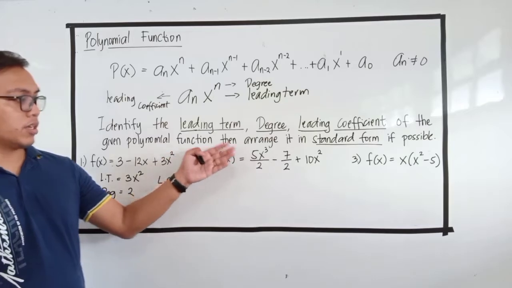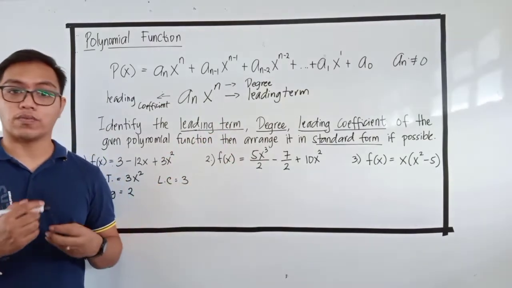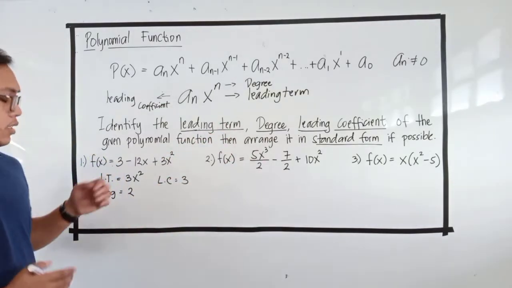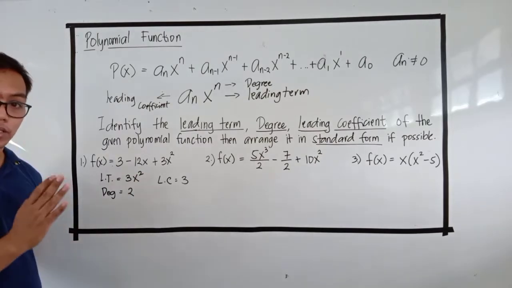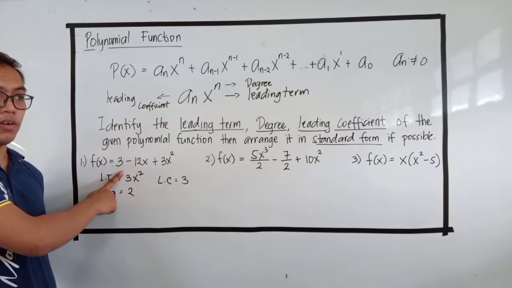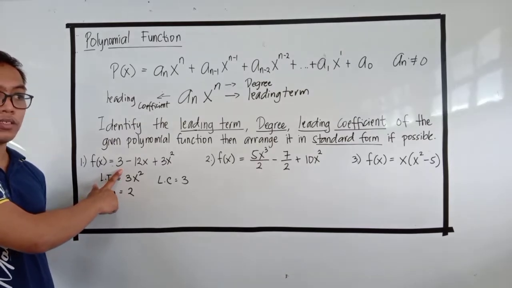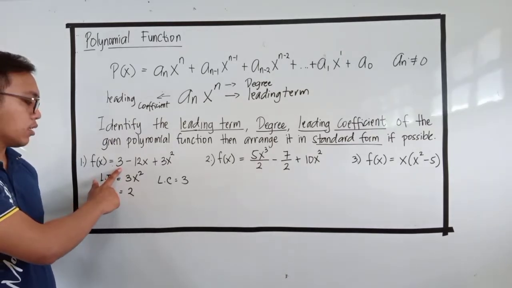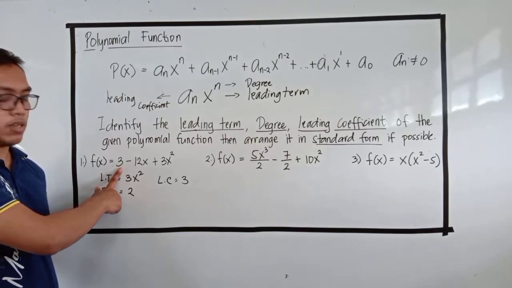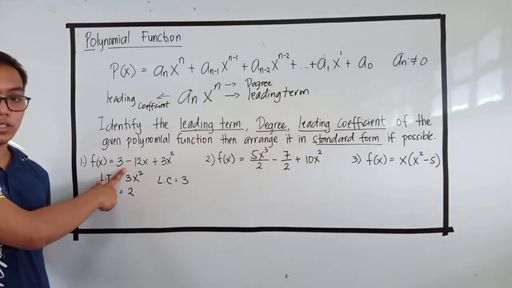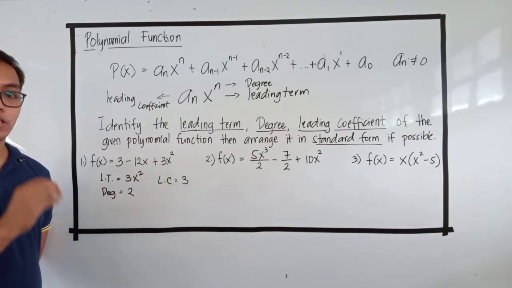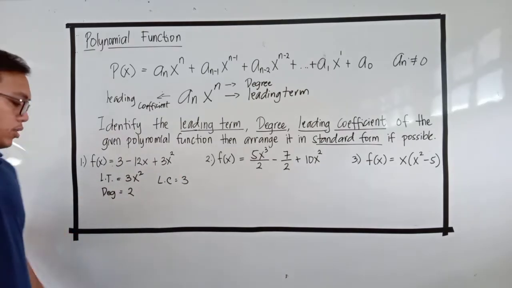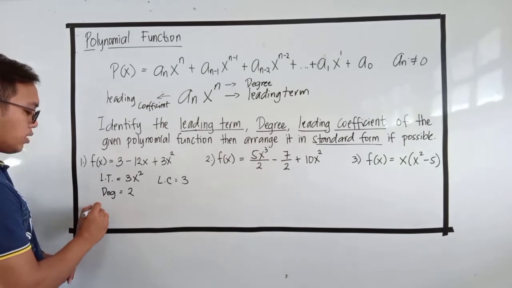Now, it says here, arrange it in standard form if possible. Notice that this given is not in standard form because the term on the leftmost is 3, which is the constant. Therefore, we need to arrange the terms in descending order.